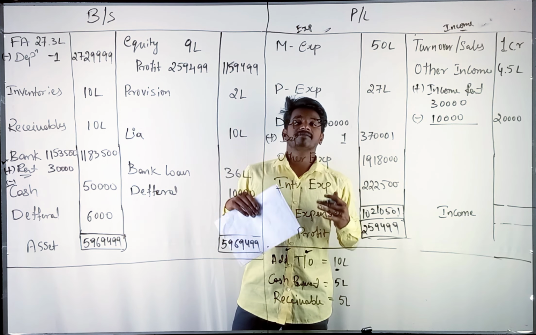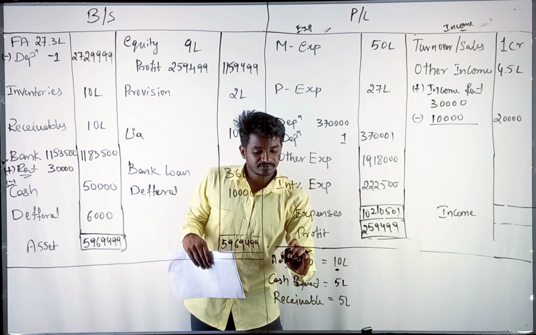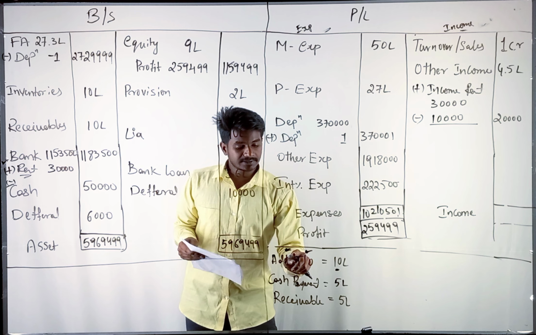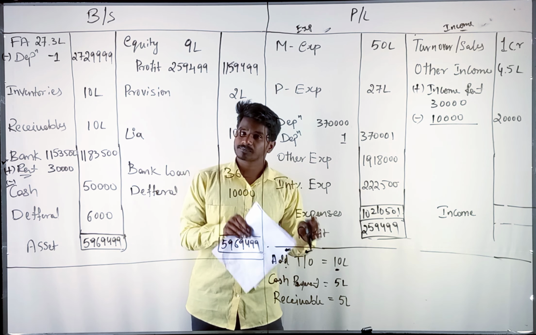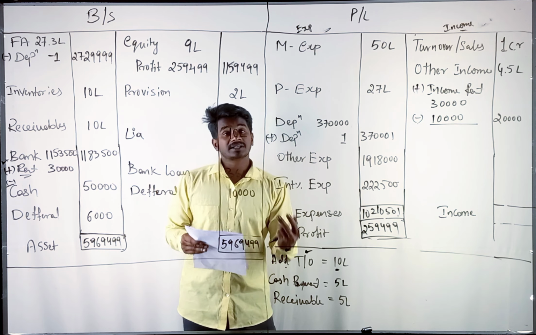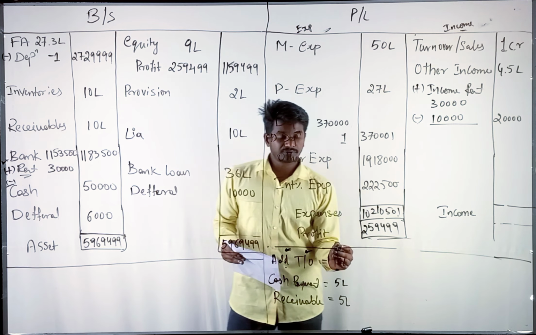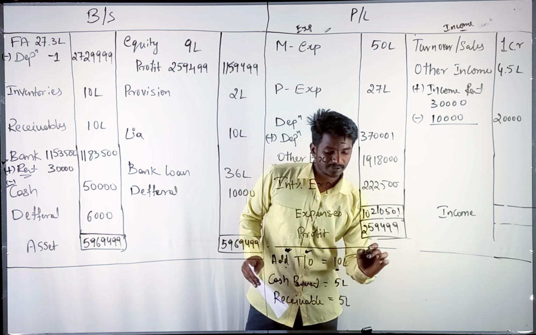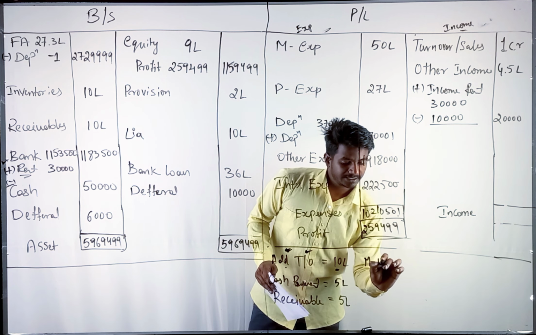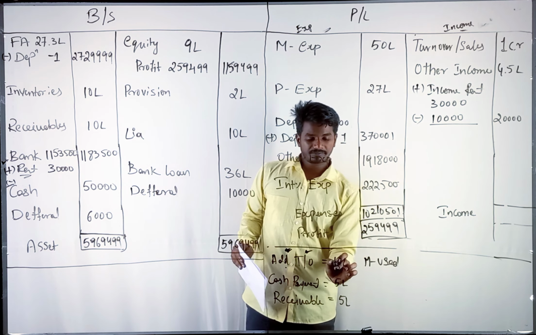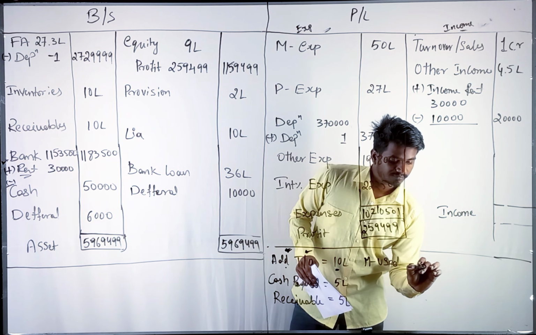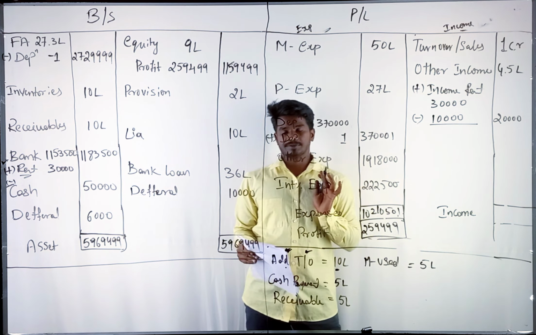Whatever material we have used to achieve this sale, some material we have used, correct? Fine. How much material we have used? 50% of the additional turnover. Material used 50% of the turnover, means 5 lakh rupees.